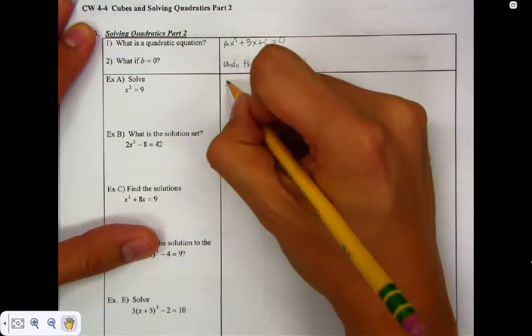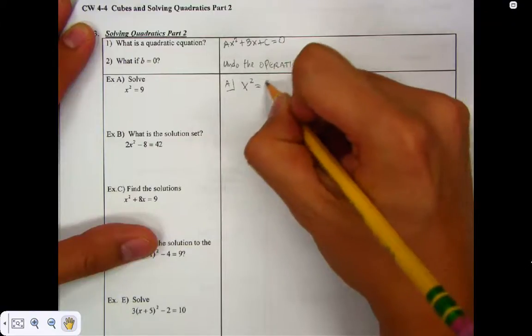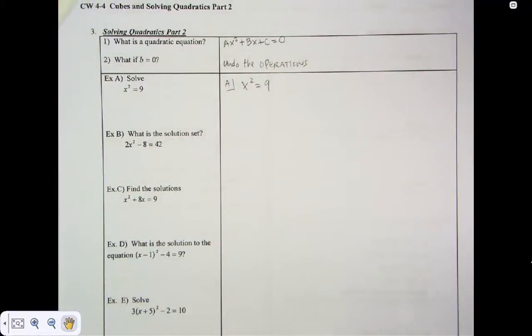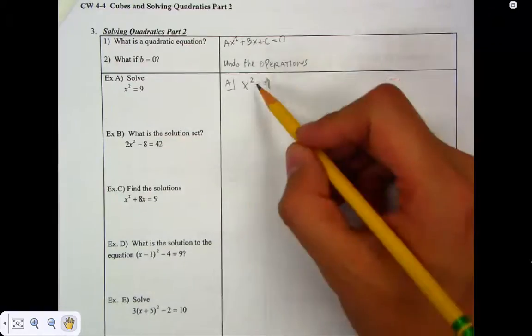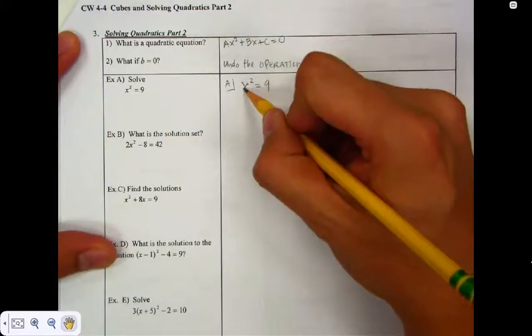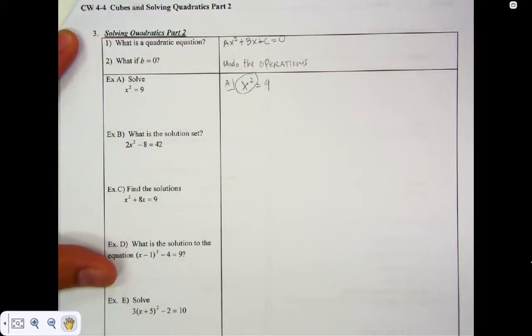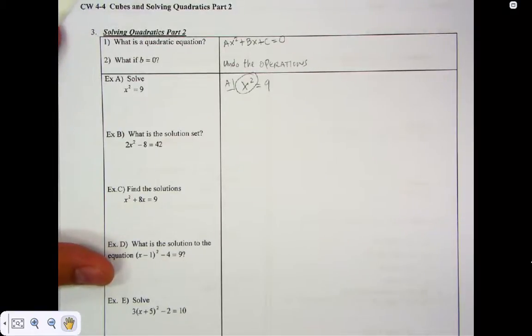For example, example A, solve x squared equal to 9. I don't see a bx here because there's no bx. So I'm just going to circle my x squared. I'm going to undo a square. To undo a square, you just take the square root. To undo addition, you do subtraction.